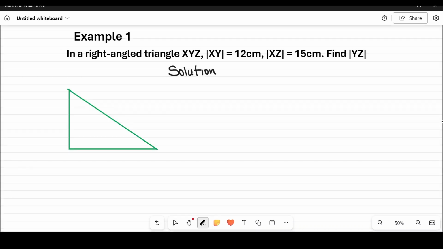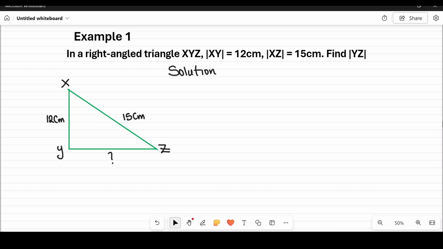From the question given to us, our sides are X, Y, and Z. We have that our XY is given as 12 cm and our XZ is given as 15 cm. Now the question says find line YZ.